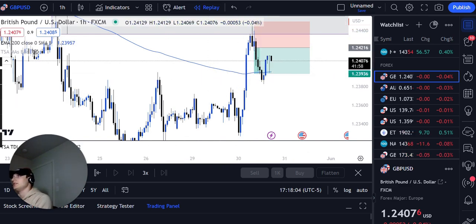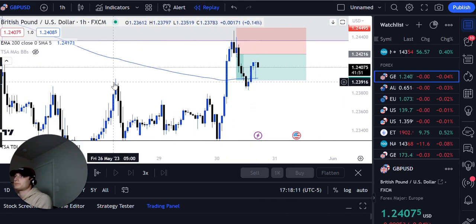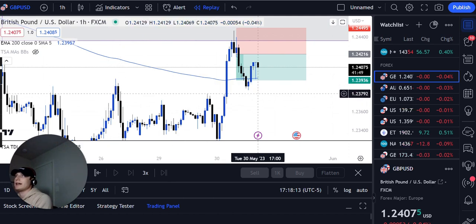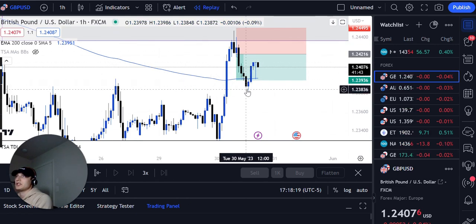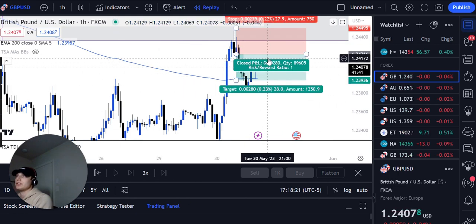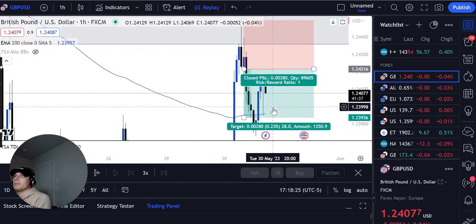Also, you could say that, let's see, the software's in the way, so it's not going to let me draw a box, but say we're going to draw a line right here, marking this as resistance turned support like it did here. It bounced off this high over here. That's where I would have put my TP.